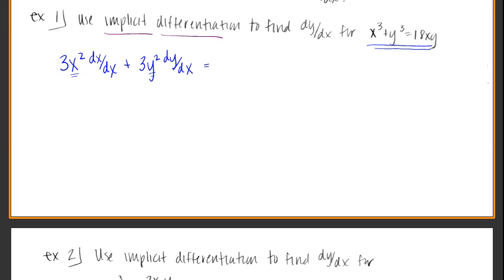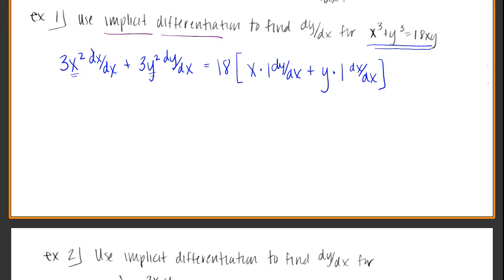And let's go over to the right side. We've got 18 times the product of xy. So we've got a product rule: the first times the derivative of the second, which is 1 dy/dx, plus the second times the derivative of the first, which is 1 dx/dx.